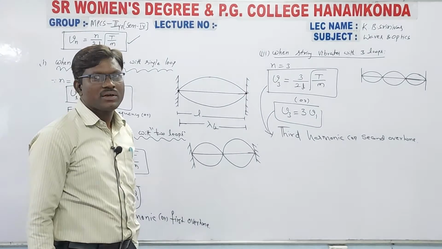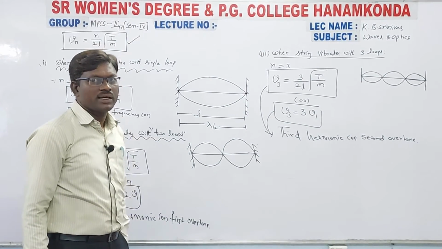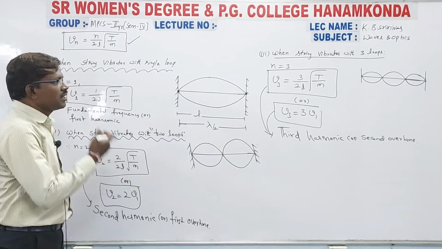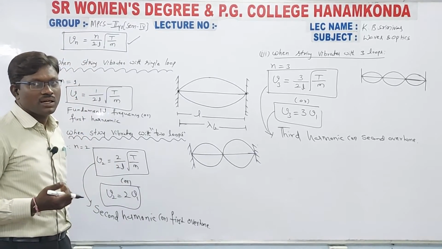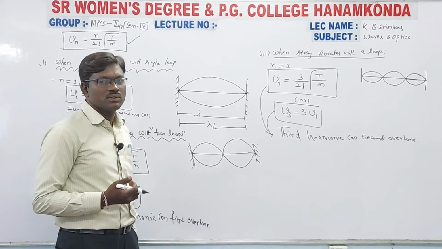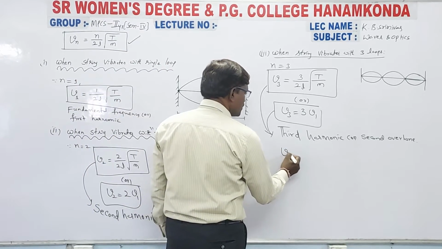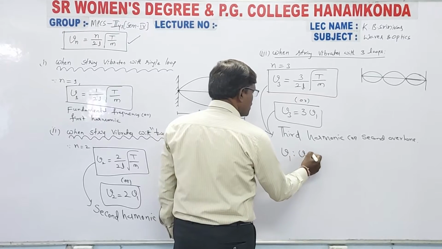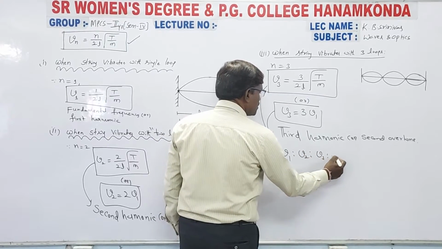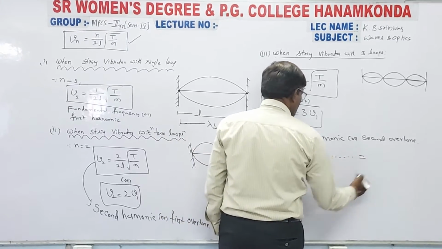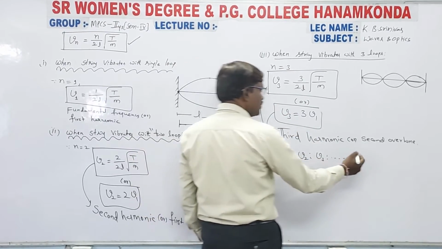Clear? Right. So, let us consider the relationship between the nu 1, nu 2, nu 3 and so on. Nu 1 is to nu 2 is to nu 3 and so on is equal to... What is nu 1 value? Nu 1 only.